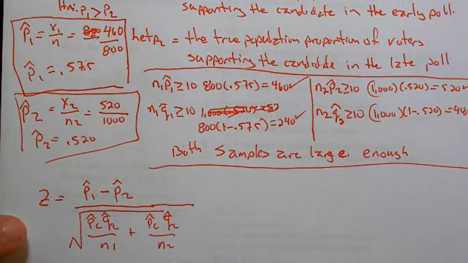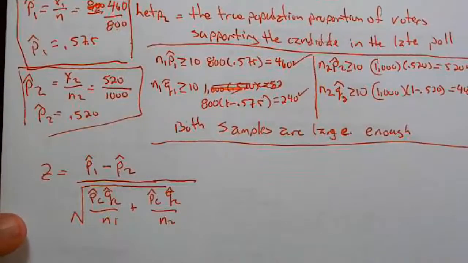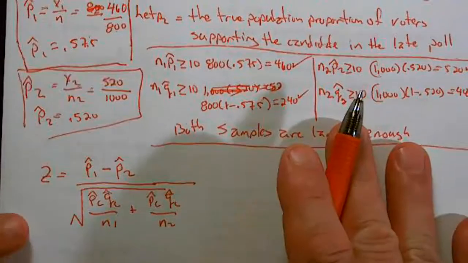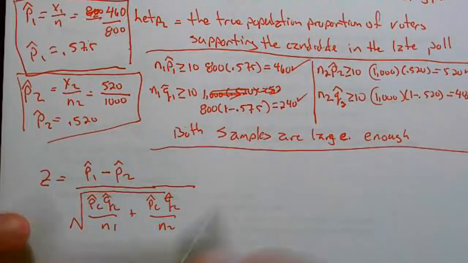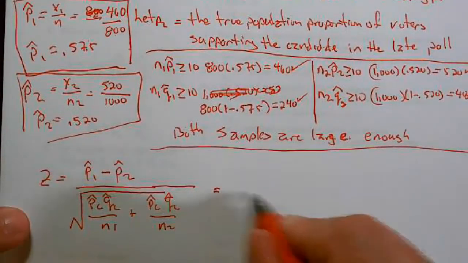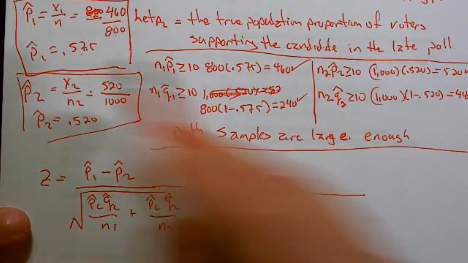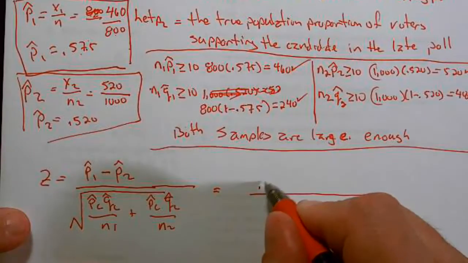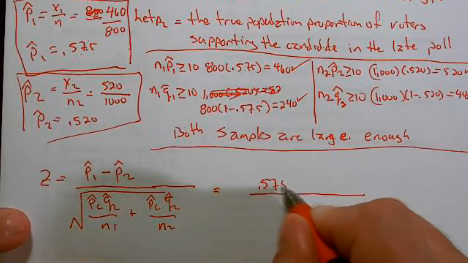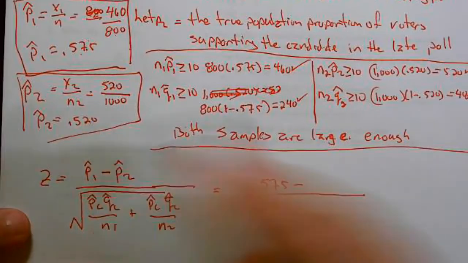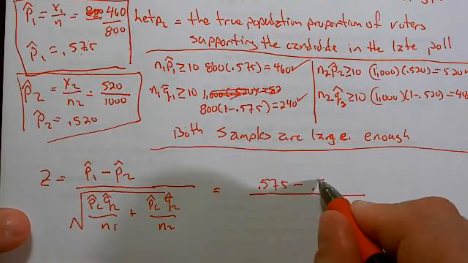And we're still missing something that we need really badly. We'll start plugging in our values that we have because we know some of these, and let's see what we're missing. So what do we have? Well, we know p hat 1 is 0.575, so that's good. We know p hat 2 is 0.520, so that's good. So we've got the numerator done.